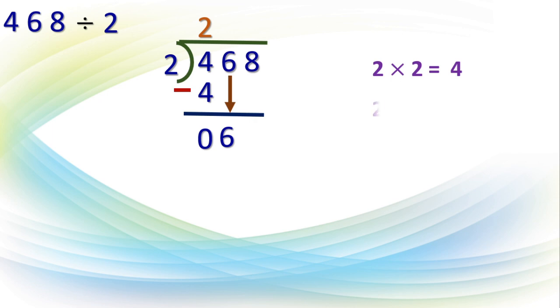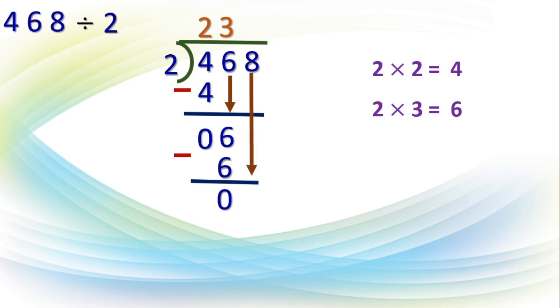Now 2 3s are 6. Very easy. 3 we will write up and 6 below 6. 6 minus 6 is equal to 0. Now what remained? Unit. That is 8 unit left. So we will take 8 down. Now 2 4s are 8. Correct?